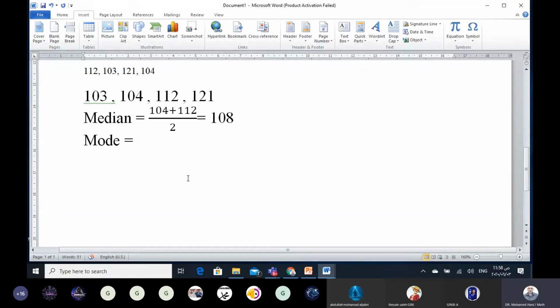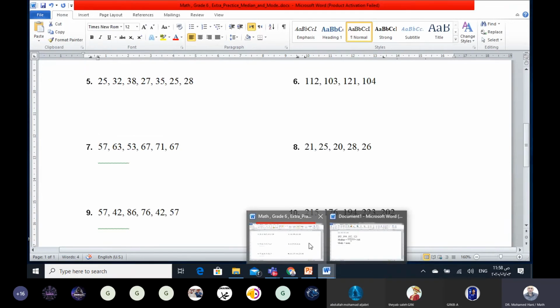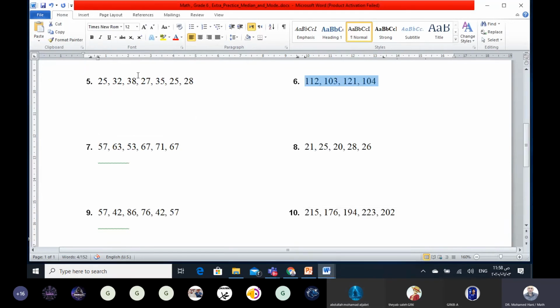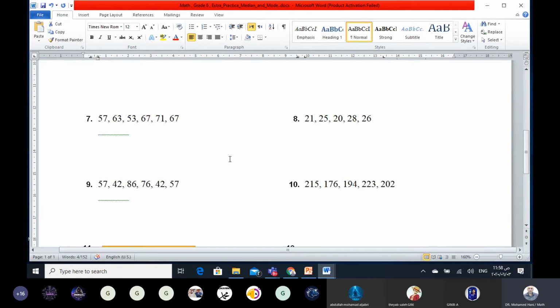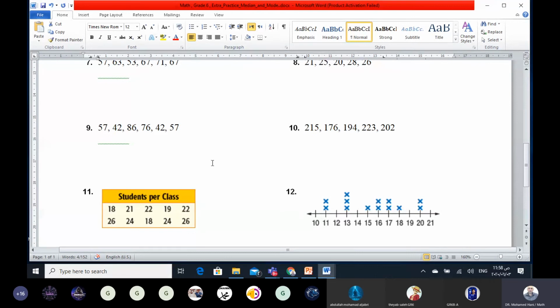So none. We don't have a mode. Right. Now in this lesson we solved 1 to 6, and I will send you this worksheet as homework, and please continue from 7 to 12. From 7 to 12, please.